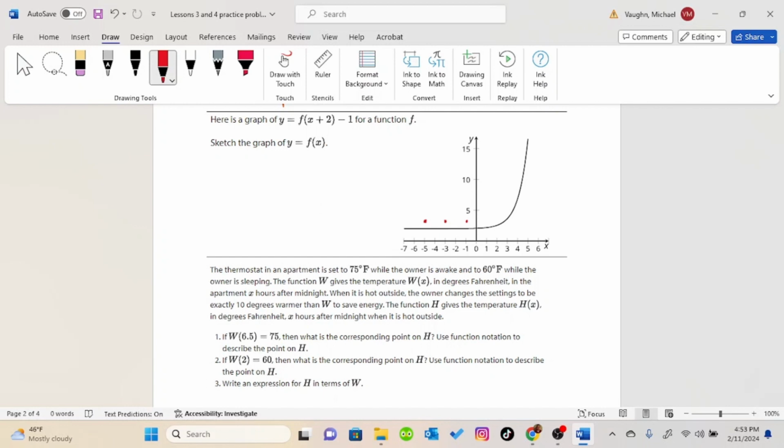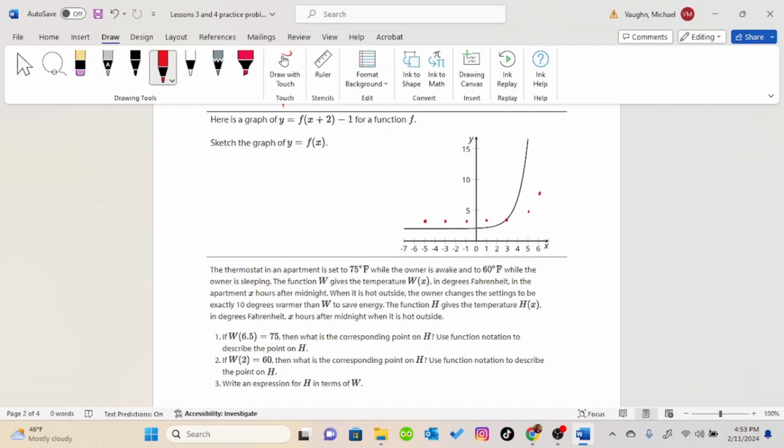This point at -1 would need to go right 2 and up 1. And this would need to continue. We need to go right 2, up 1. This point would need to go right 2, up 1. This point here would need to go right 2, up 1.